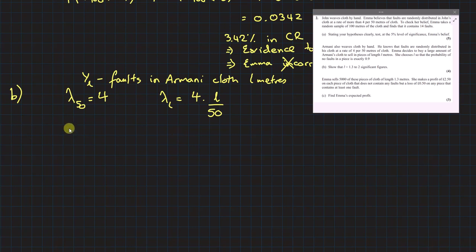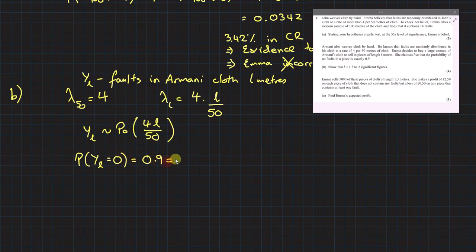So now we have Y_L is a Poisson distribution with 4L over 50. Now, the chosen situation is where P(Y_L = 0) is equal to 0.9. We go to the formula booklet and write down the formula, which is e to the minus lambda, lambda to the x over x factorial, and x in this case is 0.